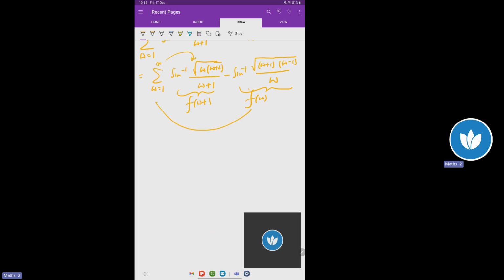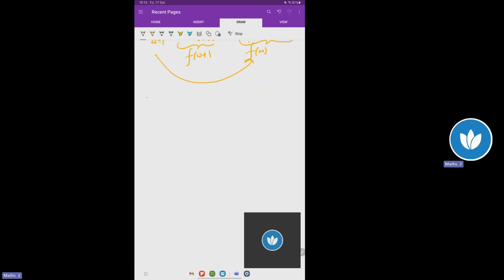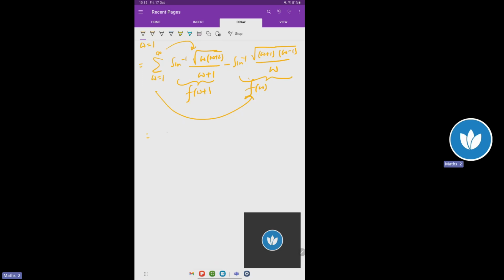Let's put infinity in this, and 1 in this. If you put 1 inside this, it is surely going to be 0. If you take the limit omega tends to infinity, numerator and denominator have the same degree, so sine inverse 1 will come. So this is pi by 2.